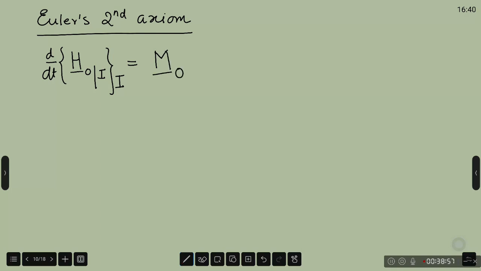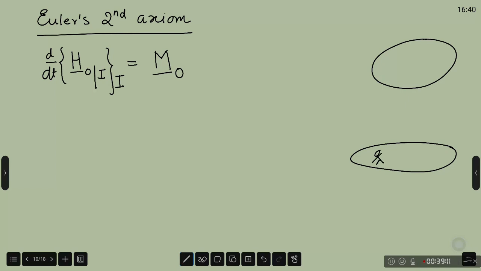Symbolically, this is what it tells us. Again, let's have the figure, which should be the same figure I drew on the previous slide. This is frame I, and this is RBM. Here, what is MO?